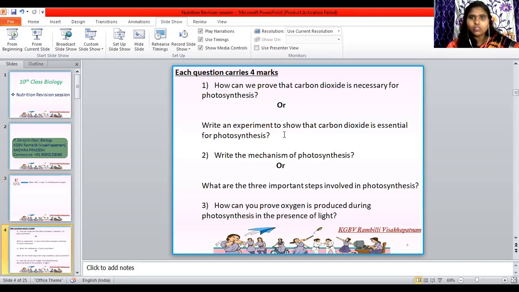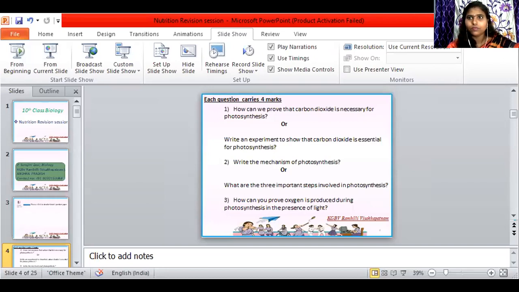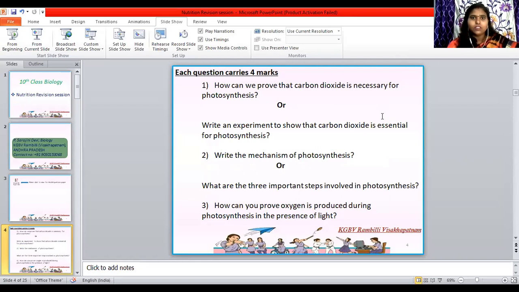If we observe this lesson, there are important 4 marks questions. See this one: how can we prove that carbon dioxide is necessary for photosynthesis, or write an experiment to show that carbon dioxide is essential for photosynthesis?